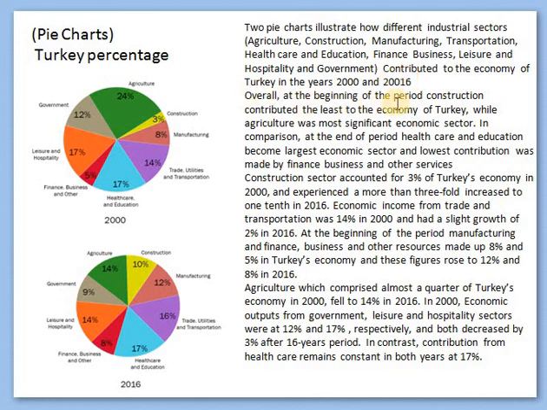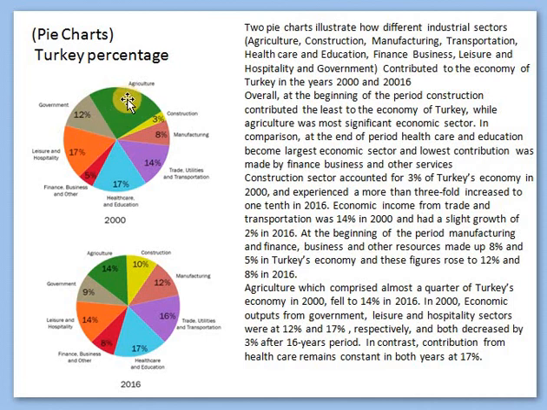Overall, at the beginning of the period, construction contributed the least to the economy of Turkey. Construction is at 3%, so construction contributed least, while agriculture was the most significant economic sector.